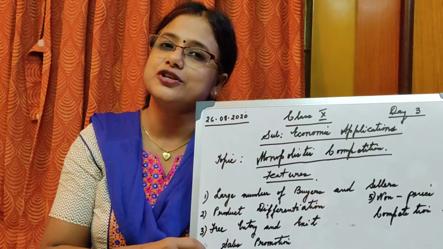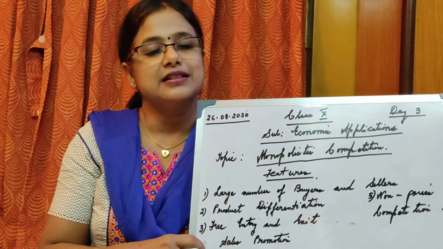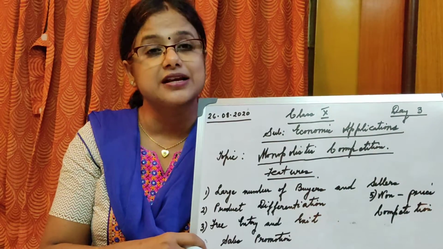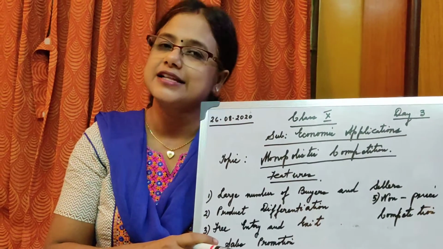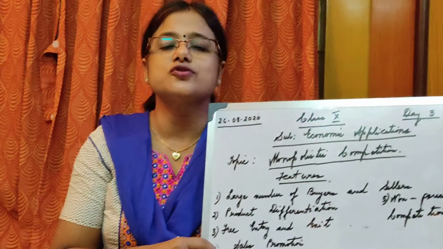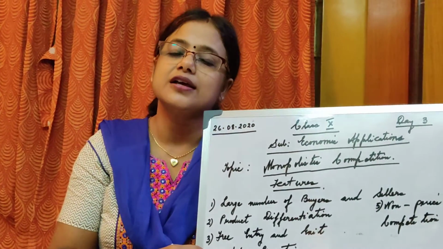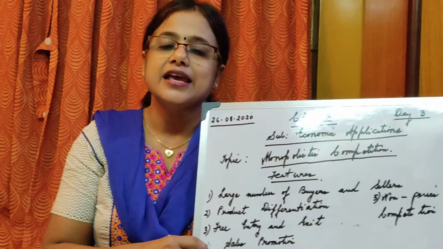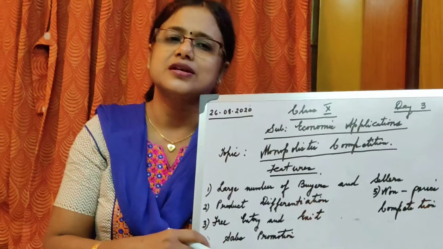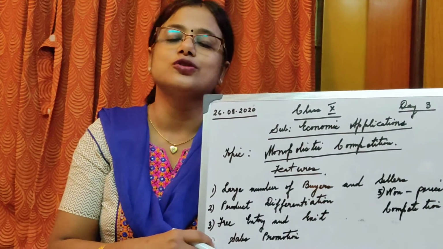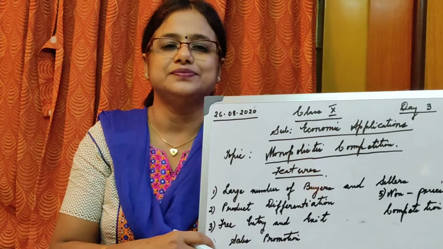In perfect competition you saw the seller has to accept the price. That is a price taker. In monopoly, a single seller, he is a price setter. Here also, because in the monopolistic competitive market each seller constitutes some proportion of the total supply, he is also a price setter.